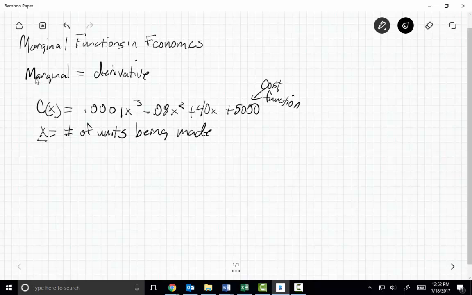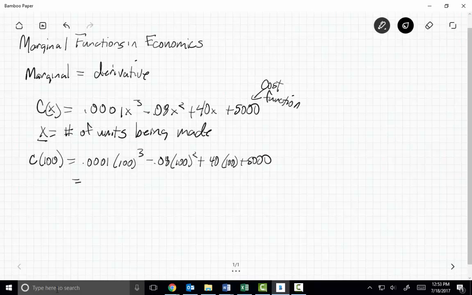Anyway, I want to manufacture 100 X boxes, and I want to figure out what the cost to do that would be. So I would simply go c of 100 is equal to 0.0001 times 100 cubed minus 0.08 times 100 squared plus 40 times 100 plus 5,000. And then poof, my calculator would spit out a number.